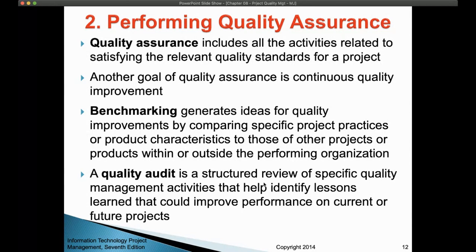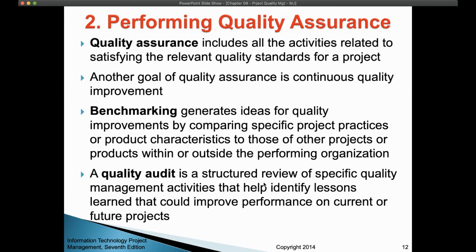Also, we conduct quality audits, which are structured reviews of specific quality management activities, which will help you to identify lessons learned. Again, this will help you to improve the performance on your project or future projects.